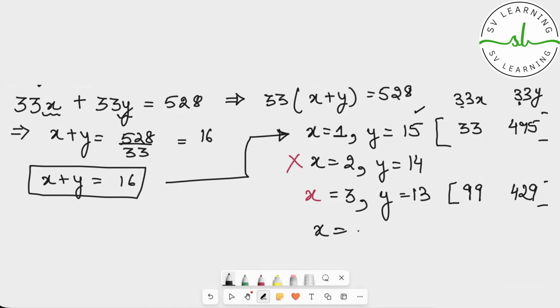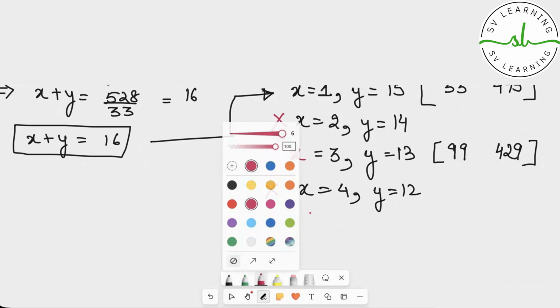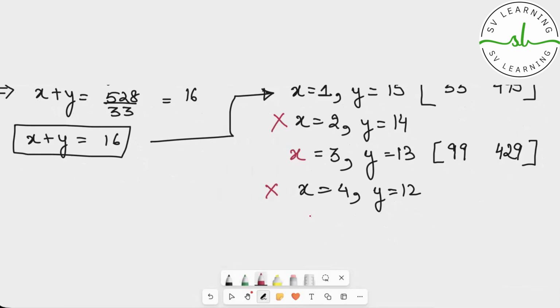Similarly, let's say x is equal to 4 and in that case y is equal to 12. Again, we have a common factor 2 here. They are not co-primes. So in that case, we will not have just 33 as a common factor among both the numbers. So we will ignore this option as well. Next going forward will be x is equal to 5 and y is equal to 11, which makes sense.